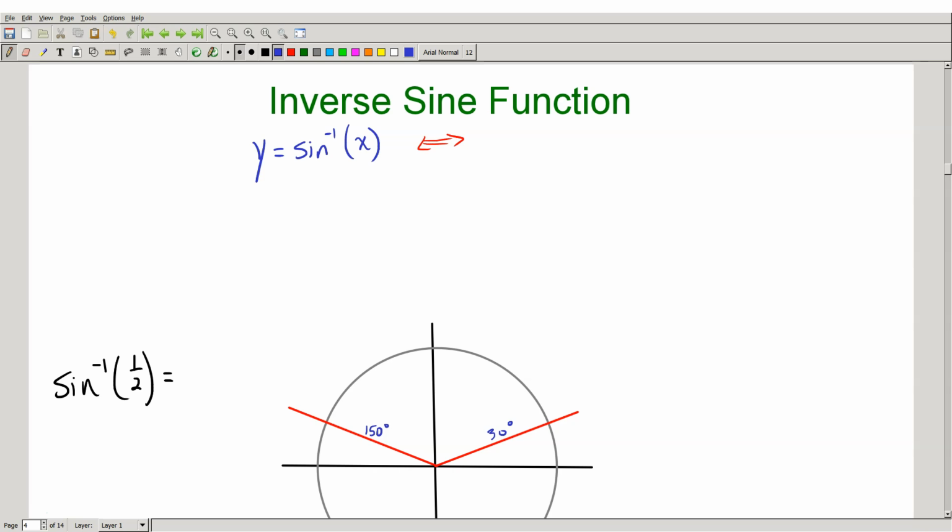That means that the y value on the unit circle is equal to the sine of that angle, right? So we say y equals sine inverse of x. That's the sine inverse function, if and only if x equals sine y.